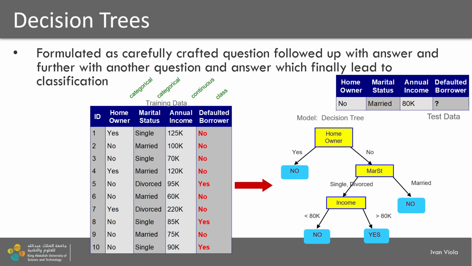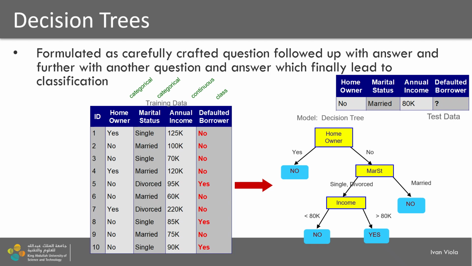We can see it also as a carefully crafted question followed by an answer, and then another question and answer, which finally leads to the classification. So the decision tree forms a structure of a dialogue, while the rule-based classifier is more of a single question with an exhaustive specification for a record.